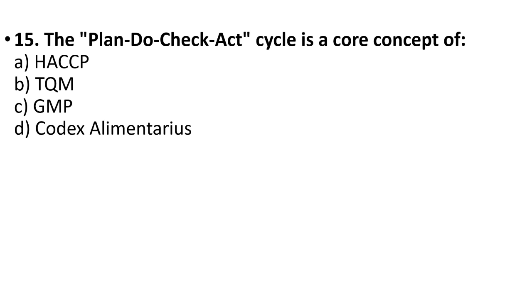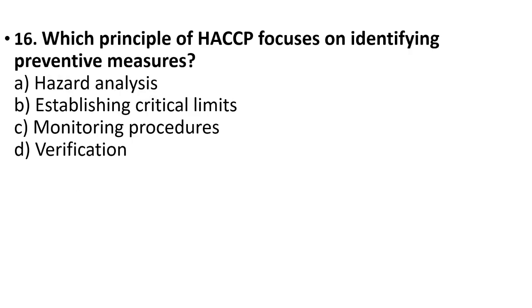15th question. The plan, do, check, act cycle is a core concept of HACCP, TQM, GMP, Codex Alimentarius. Your answer is option B, total quality management. 16th question. Which principle of HACCP focuses on identifying preventive measures? Hazard analysis, establishing critical limits, monitoring procedures, verification.